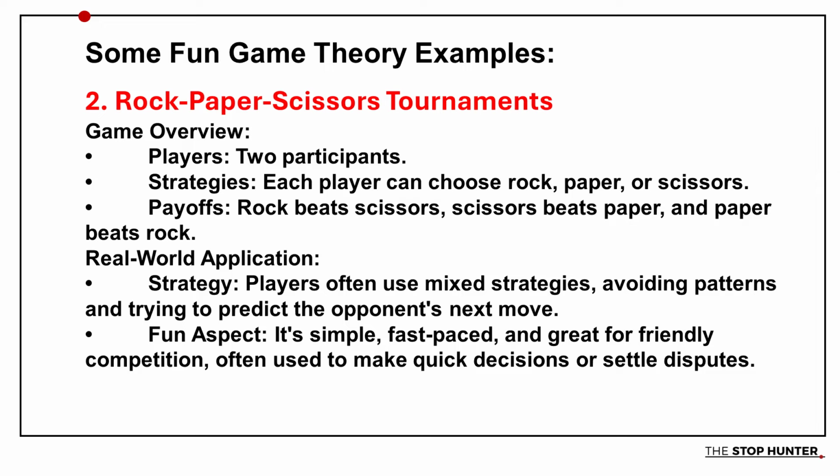I suppose the fun side of it is it's fast, simple, great for friendly competition, and helps settle often quick arguments or decisions or disputes, as you know. But again, think of how trading works. Think about mixed strategies, patterns, that sort of thing.